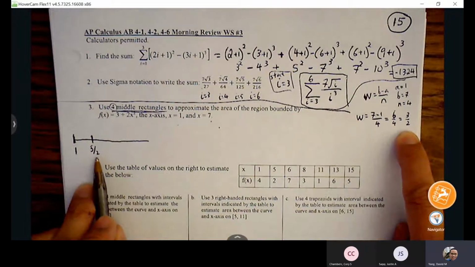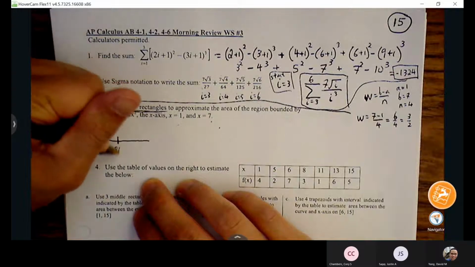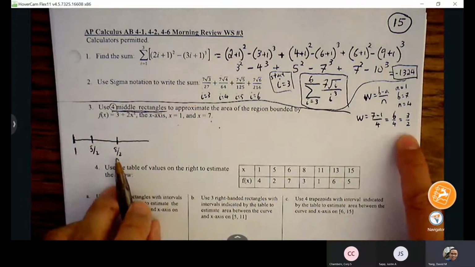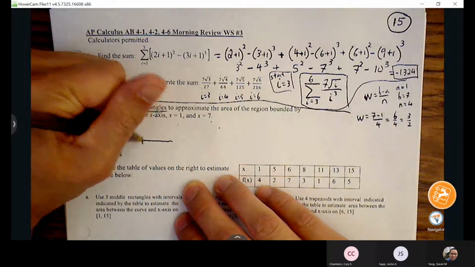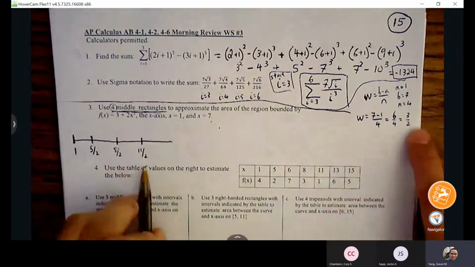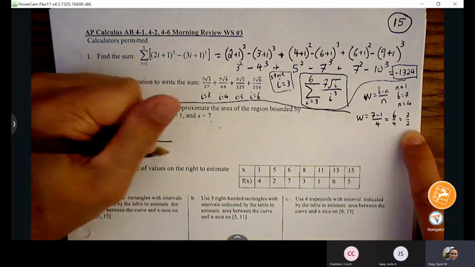Plus 3/2 is 8/2, or 4. Plus 3/2 is 11/2. And plus 3/2 is 14/2, which is 7.